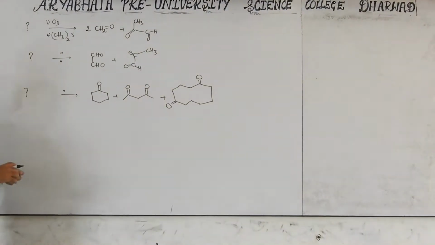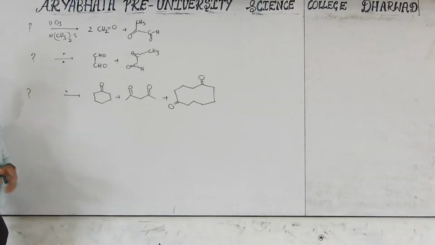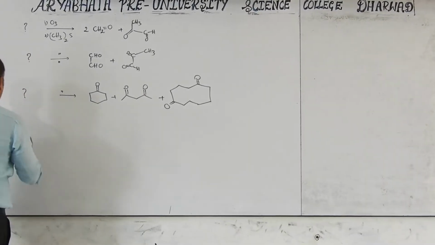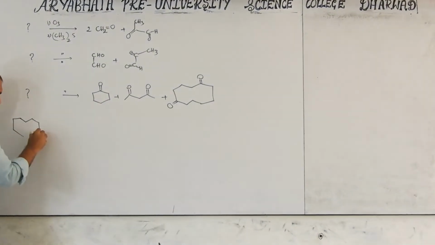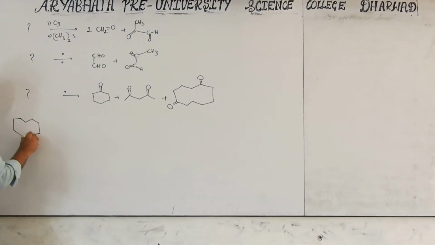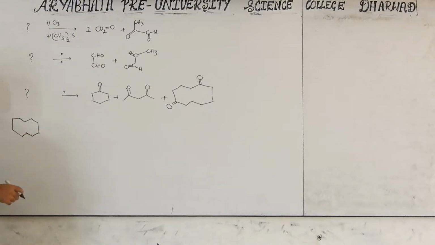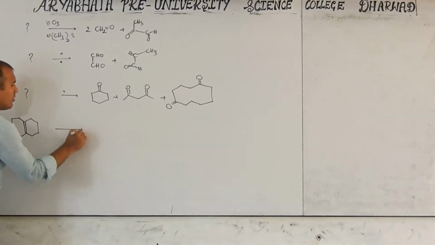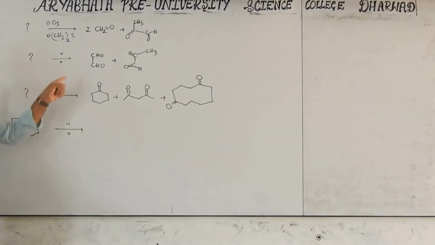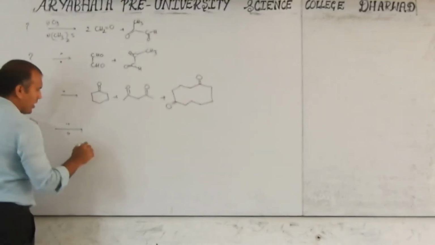See, I can give so many examples, but you have to try this. And one more thing: to answer this question, if there is a double bond here, then in the presence of the same reagents, I will give you products. Which is correct? You have to write.